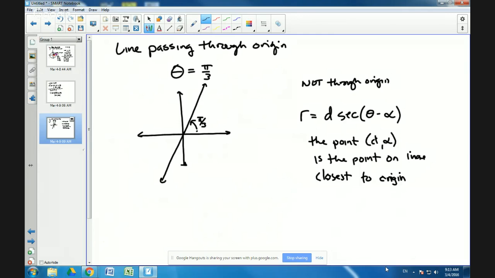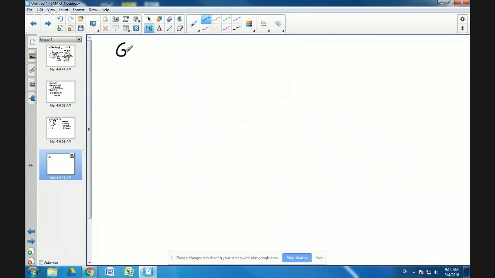So let's see. Let's graph one of these functions. Let's do 2 cosine theta minus 1. It's pretty standard.